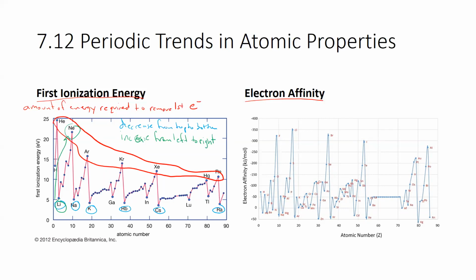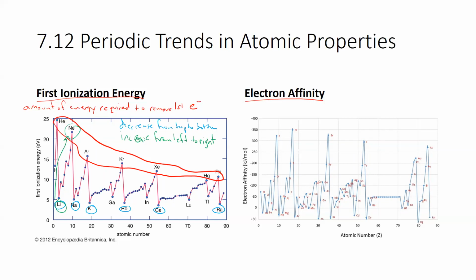And there's some other subtleties to this, but the increase going from left to right occurs again largely because of the distance from the nucleus that these electrons are.